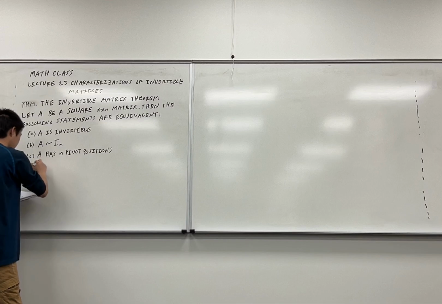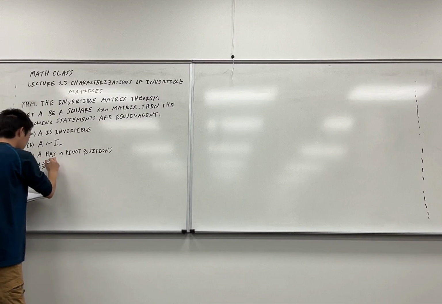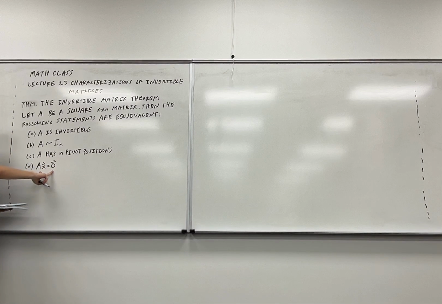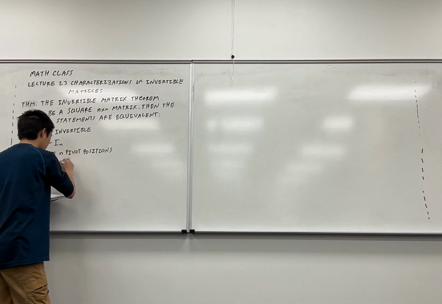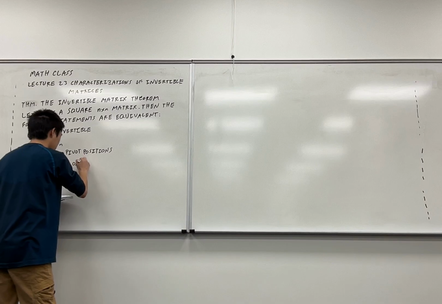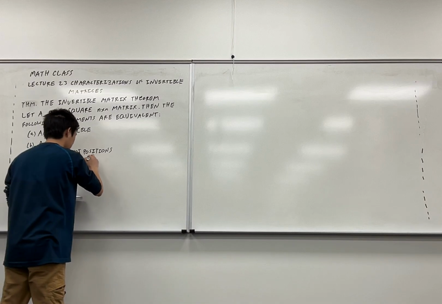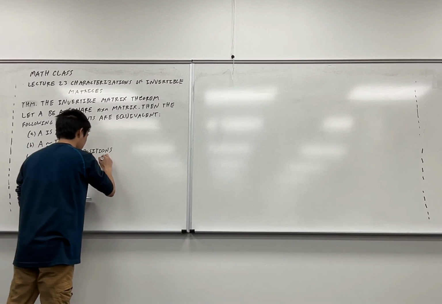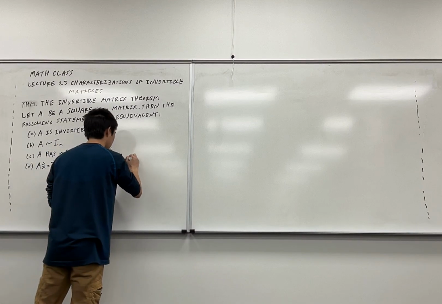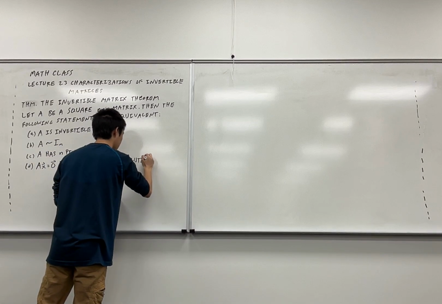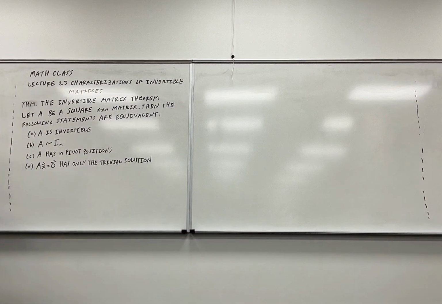D here, when I make this equation Ax equals 0, quick vocab check, this was called a homogeneous equation. This then has only the trivial solution. Okay? Why might that be the case?